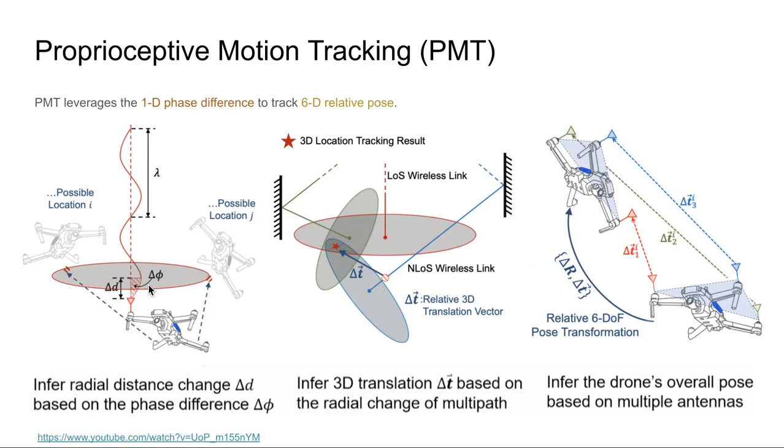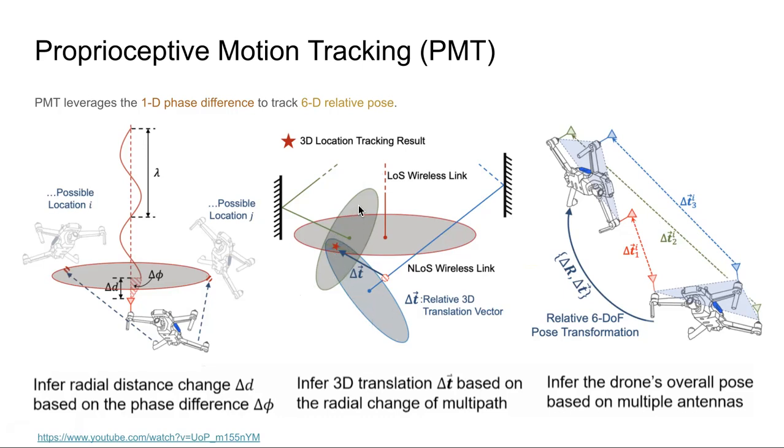So for instance, here we have the ambiguity. By this phase difference, we know that the drone's position can be any position in this plane in red. If this one is a multipath from the environment, then by this phase difference we can infer that the drone can be any position in this plane.